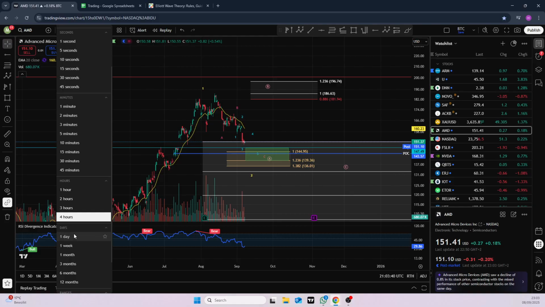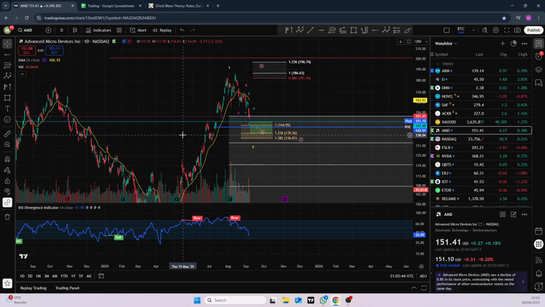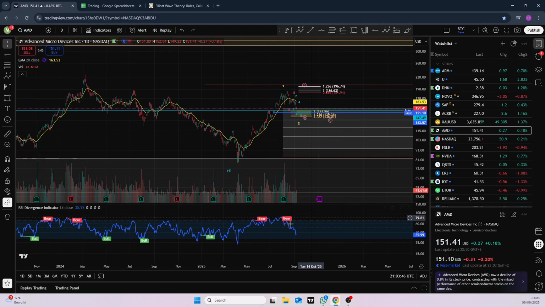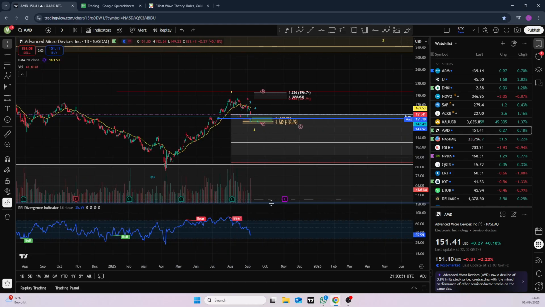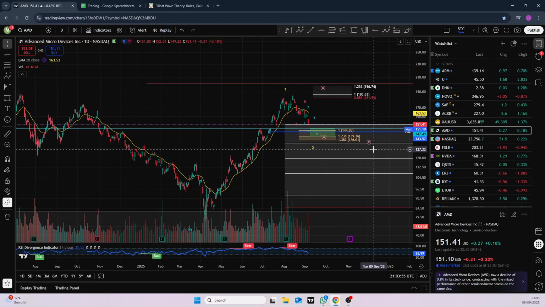Also, the daily RSI is almost in oversold territory, and generally if you get there, you get a bounce even on the 4-hour. If the RSI goes oversold, it indicates at least a bounce is due.